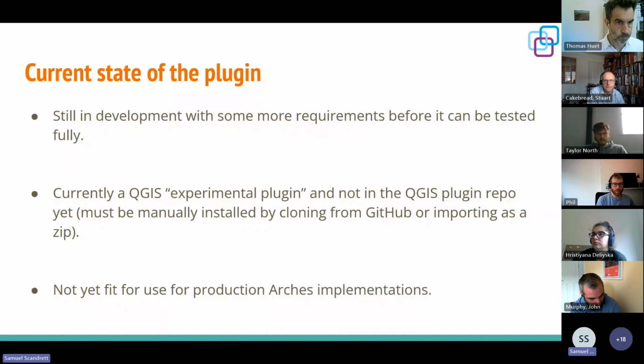However, we would like to get it in the QGIS experimental plugins repo, which I'll talk about on the next slide. But for now, you have to manually install it by cloning it from GitHub, or you can go on GitHub and export it as a zip and then just import that into QGIS. That works too. And of course, it's not fit for use in production implementations yet, but obviously that's the end goal.